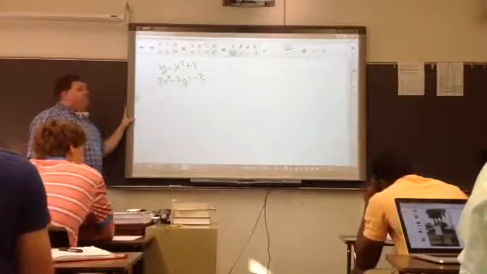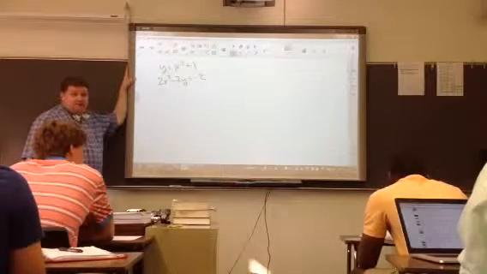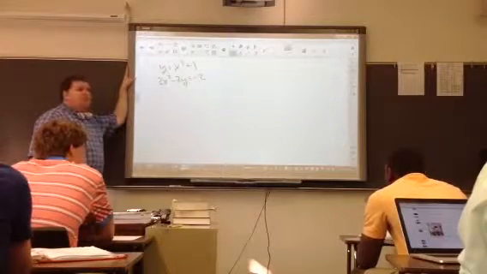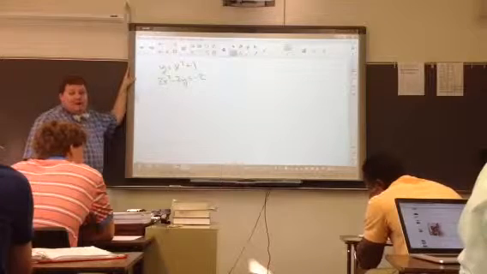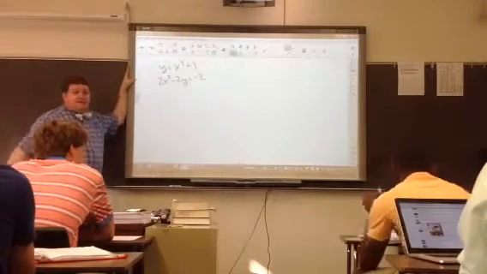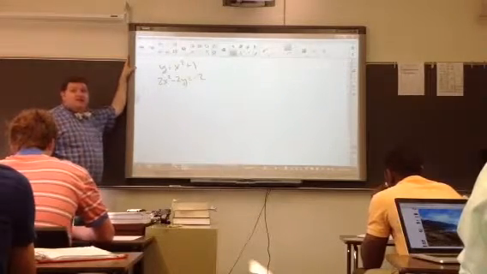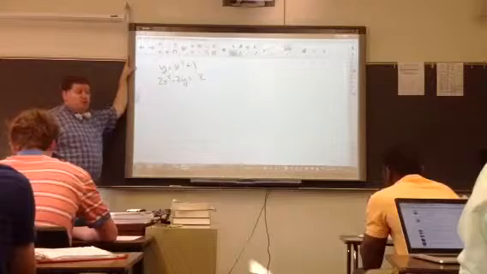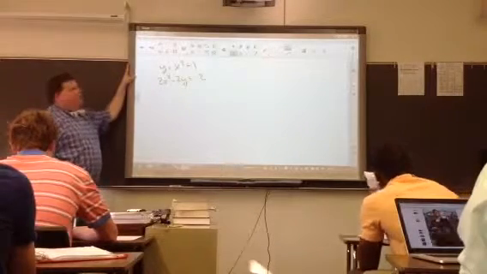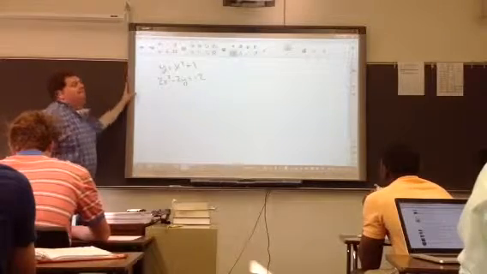So this is going to work because I can get rid of the y's or I can get rid of the x squares. If I had, for example, y squared and then y in my equation, I wouldn't be able to do elimination on the y's because there's too many y's. Likewise, if I had an x squared and an x in the equation, I would have too many x's and couldn't do it. So this one is one of the few cases where elimination will work on it.